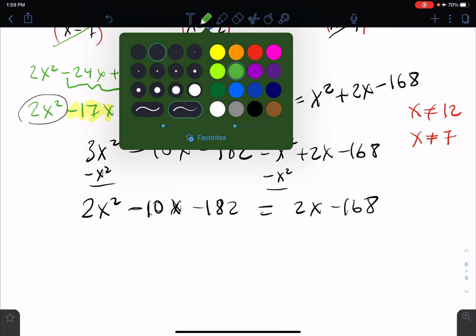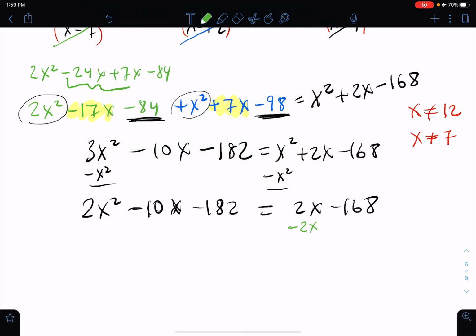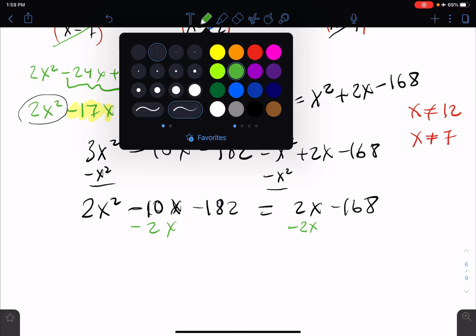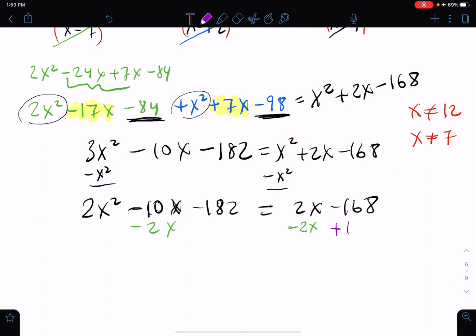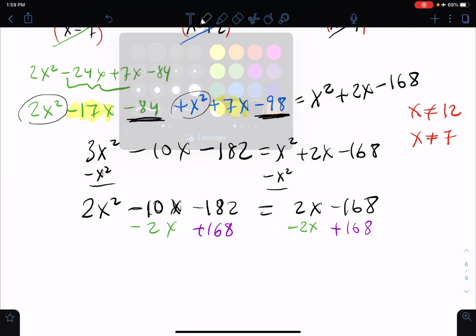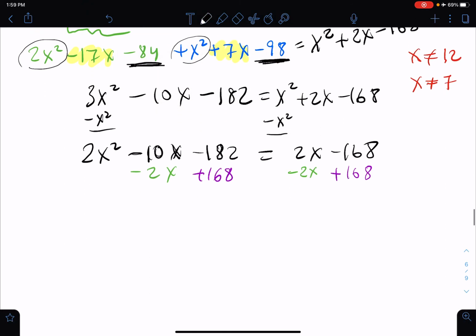And you see me, I'll show my work. Subtract 2x, so we can zero that out. Subtract 2x on both sides. And then also add 168 so we zero out the right-hand side. So when we do this, we should get 2x squared minus 12x.